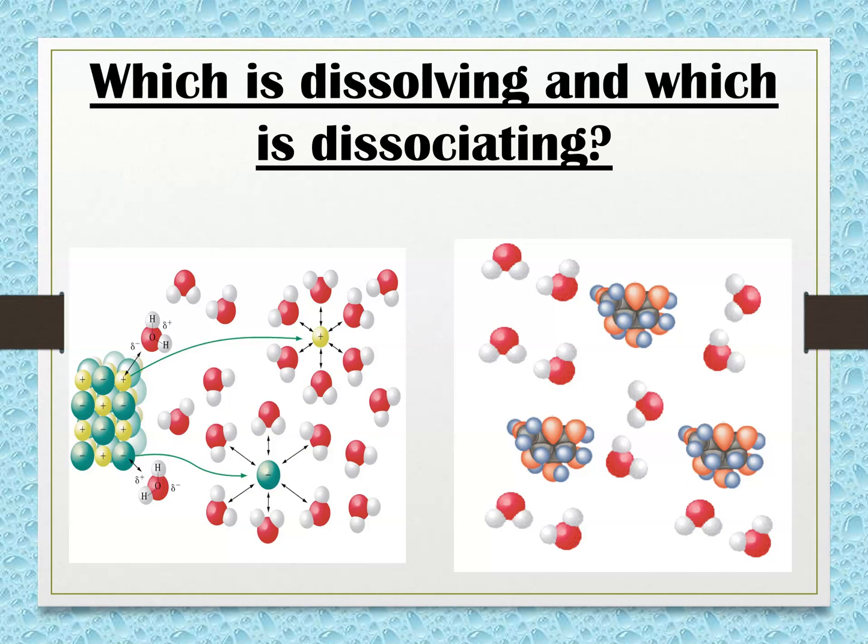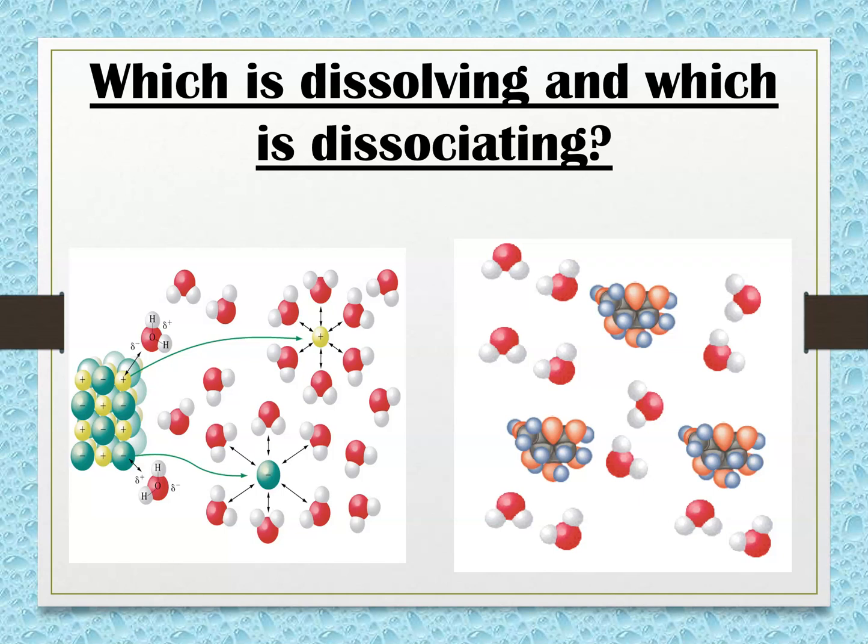Which is dissolving and which is dissociating, if we look at our little pictures here? Take a moment. Alrighty then. The left diagram should be dissociating, the charged lattice structure of the plus and minus, but it's also dissolving because the plus and minus are being surrounded by water molecules.